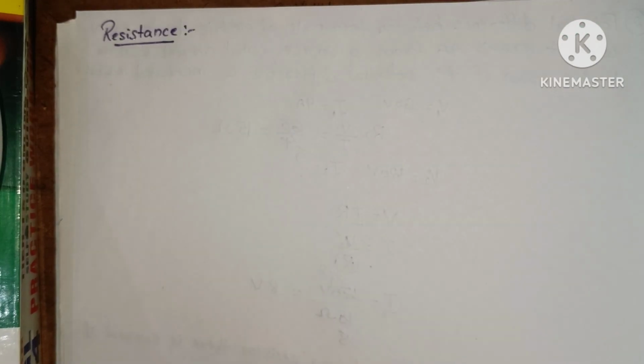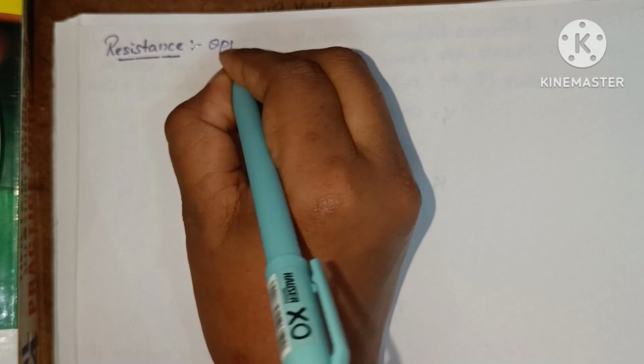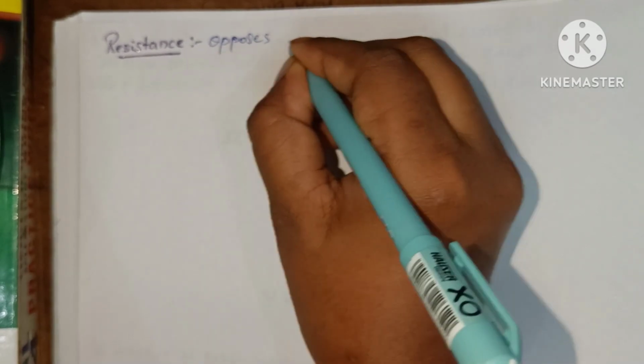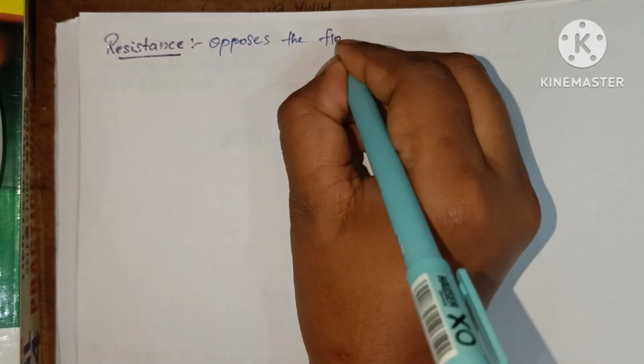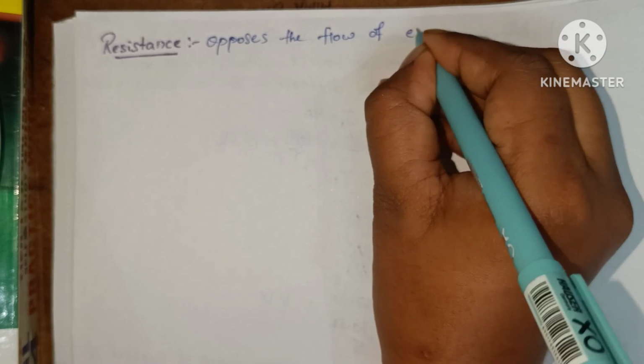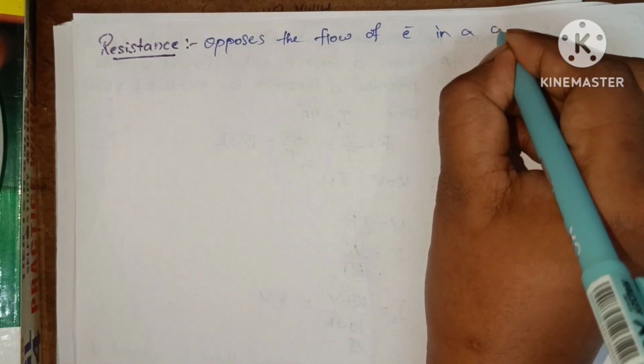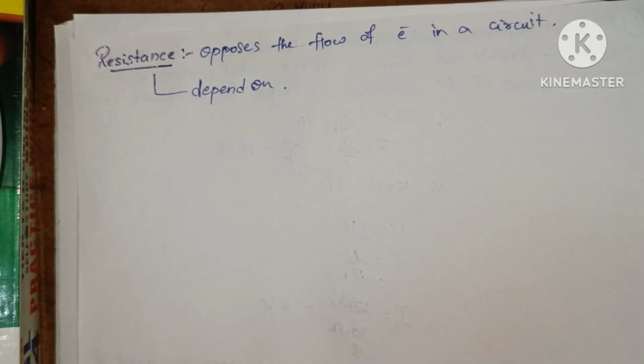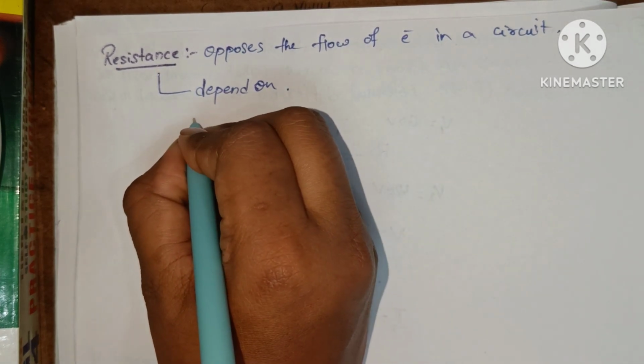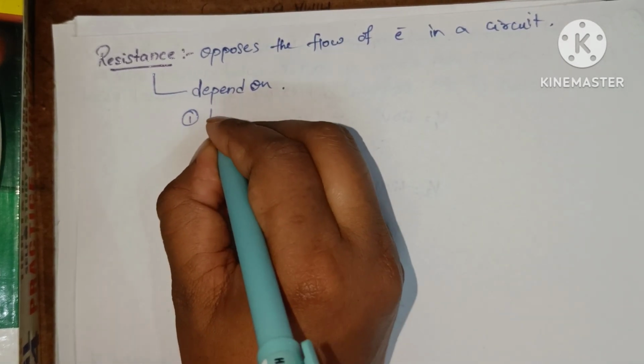Okay, next. Let us discuss more about resistance. Resistance is nothing but what opposes the flow of electrons in a circuit, right? So resistance depends on something. What are they? Resistance depends on length.